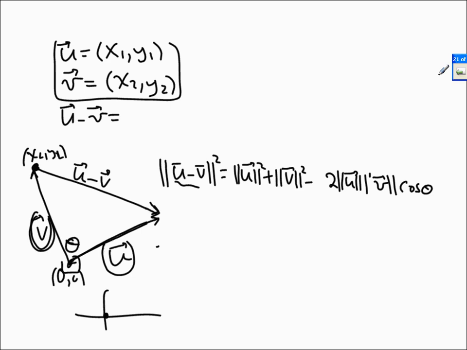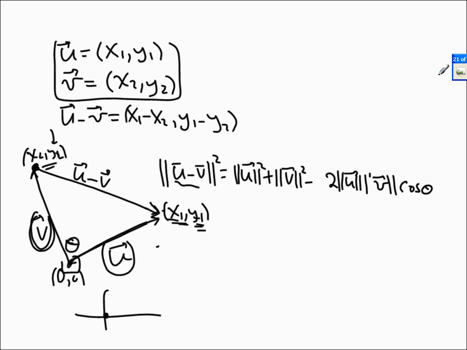Now, this point right here is from vector u, which is x1, y1. So u minus v, it's the head minus the tail. It's x1 minus x2, that's the x value, comma, y1 minus y2.